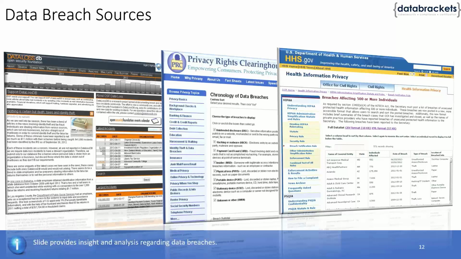Just to let you know, if there is any data breach within your organization, especially with respect to patient data, and it affects more than 500 people, then you need to notify HHS within 60 days from the date of discovery of the breach. That's what the HIPAA rule says.